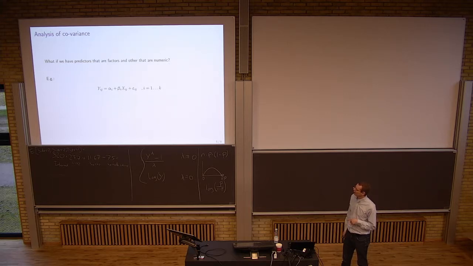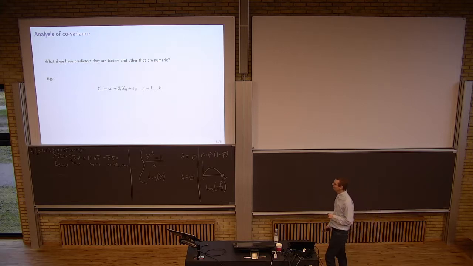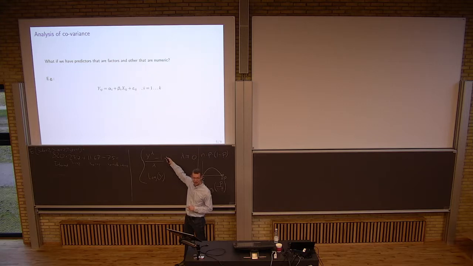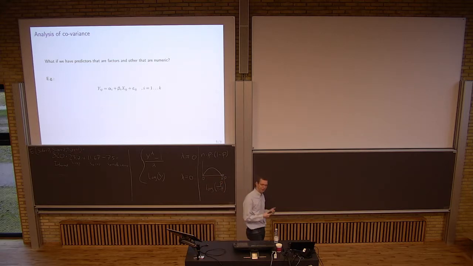But what we are going to do today is to say, what if you have the combination? So we have different levels here. Then we have something that is a continuous variable here. And then the beta here, which is the slope, may also depend on the combination of a factor level.